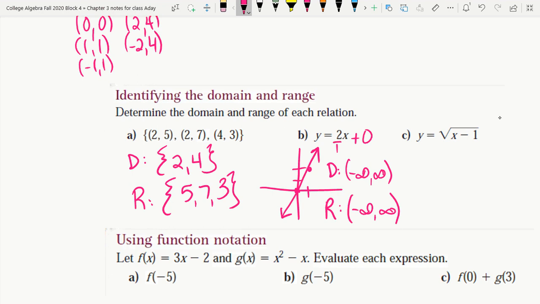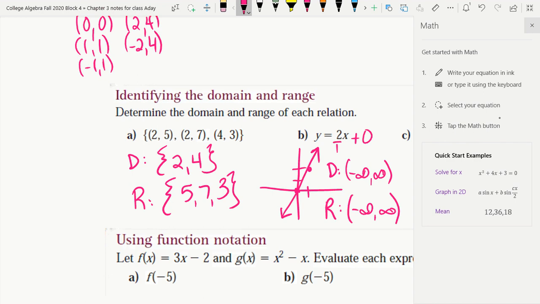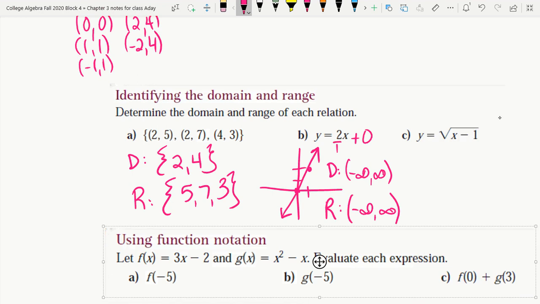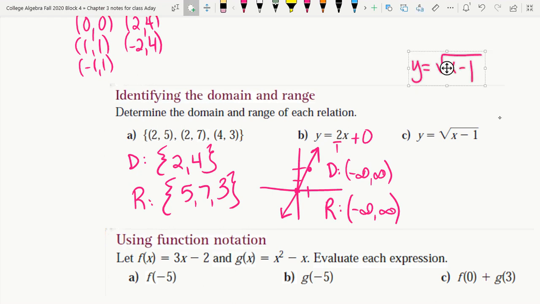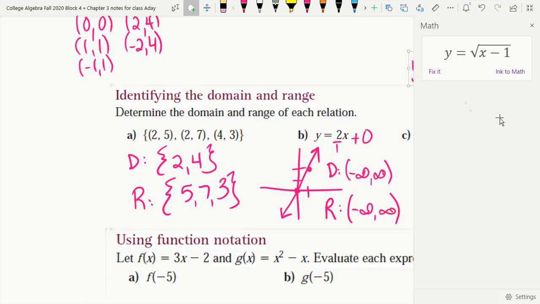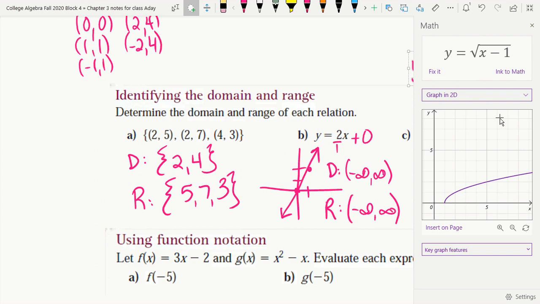Letter C, y equals square root of x minus 1. So let's say you want to graph that. Let's graph this thing. So we're going to graph y equals square root of x minus 1. I'm going to graph in 2D.